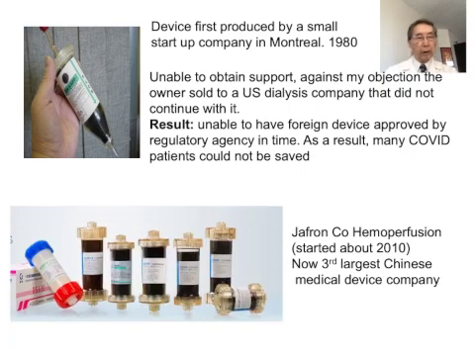The first company started up in Montreal in 1980. In 2010, Jafron in China is producing different types of hemoperfusion devices and is now the 3rd largest Chinese medical company.